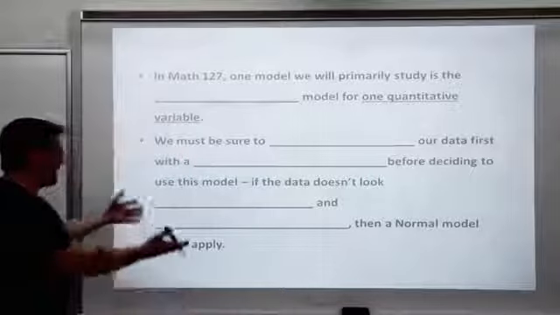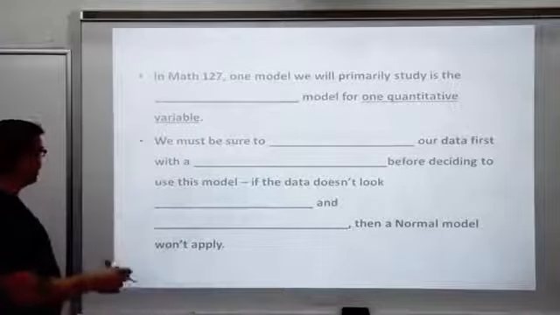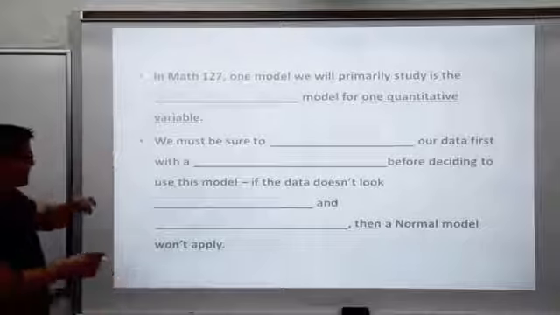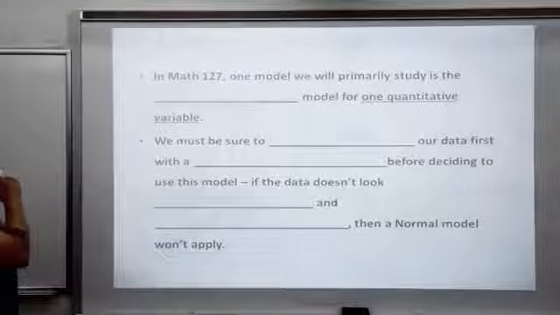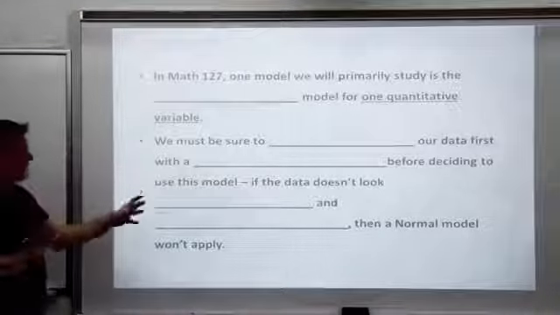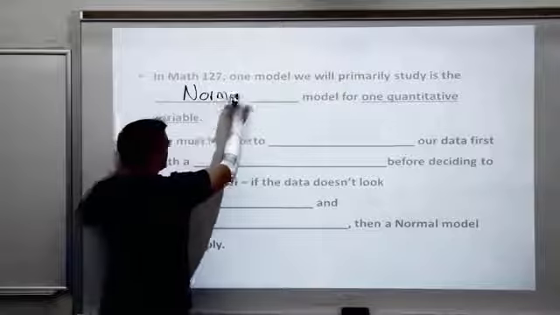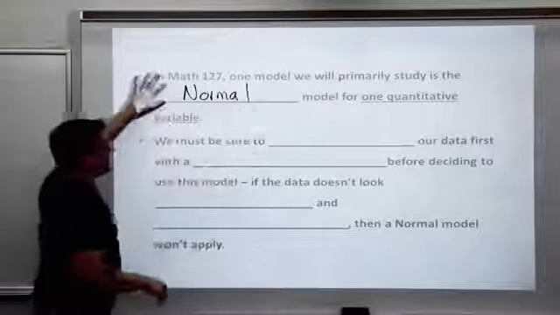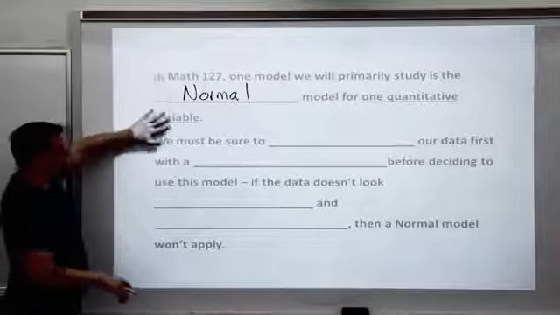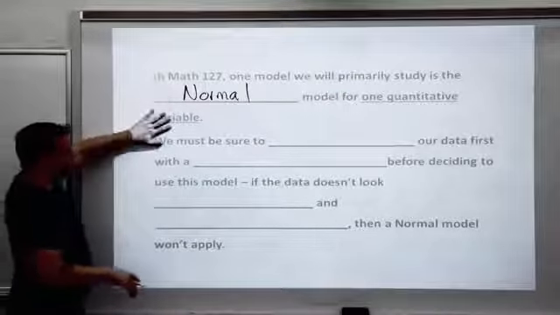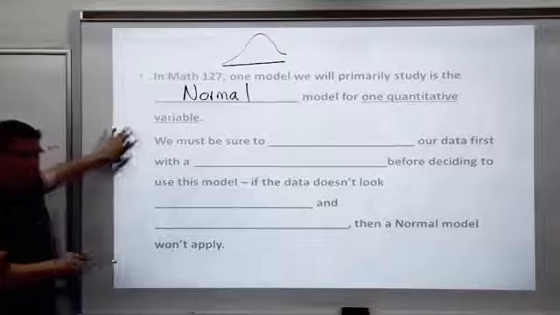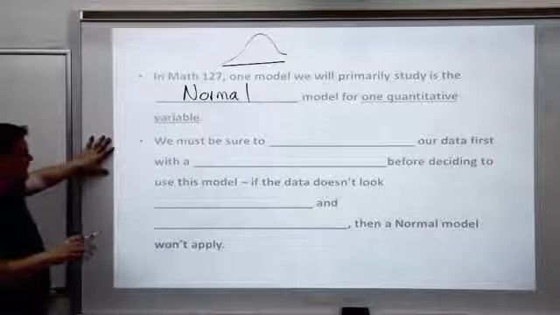In Math 127, one model that we will primarily study for one variable at a time is the normal model. That was one video ago. One model we will primarily study for one quantitative variable is normal. And remember, that's that bell-shaped curve from the IQ example.